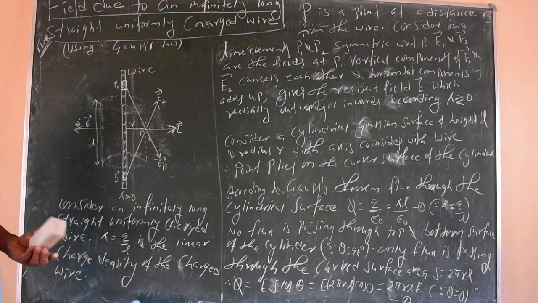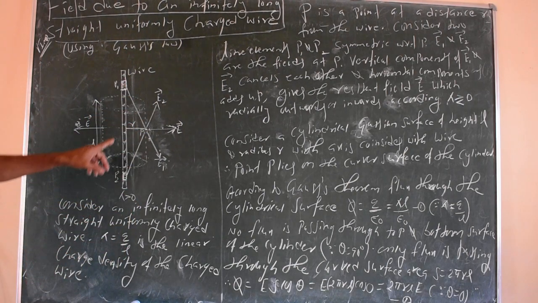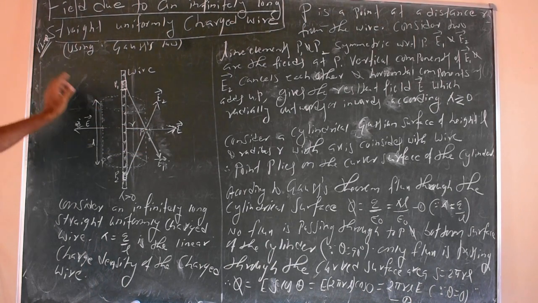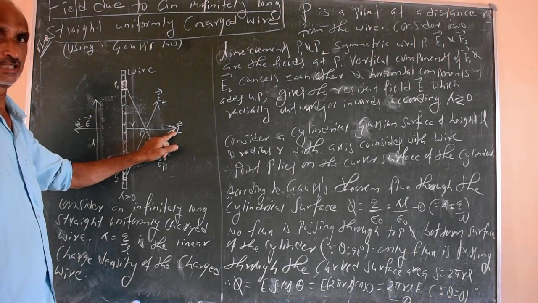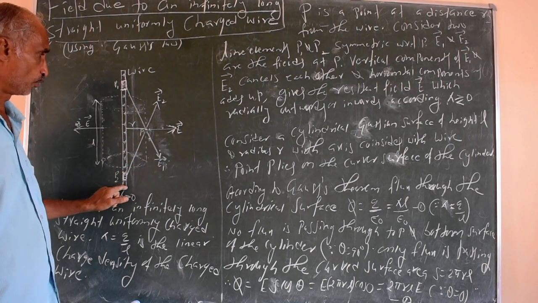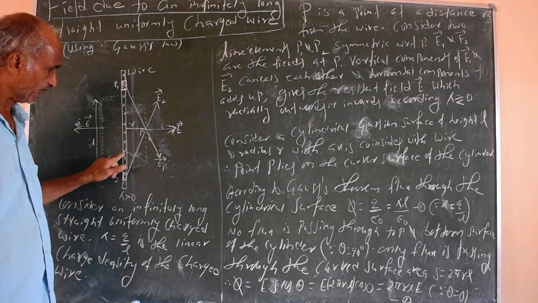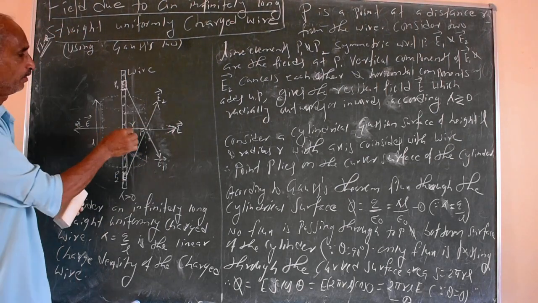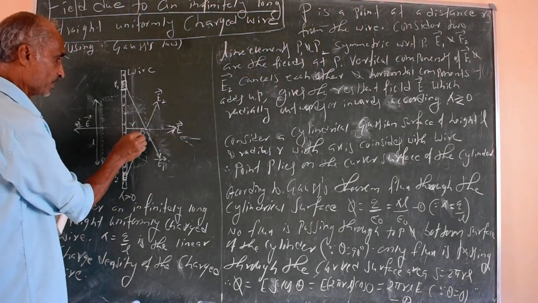So now, therefore, the field at the point P is radially outwards, the resultant field, if the charge is positive. If the charge is negative, here it is negatively charged, the field is radially inwards. The field will be like this, radially inwards at this point.